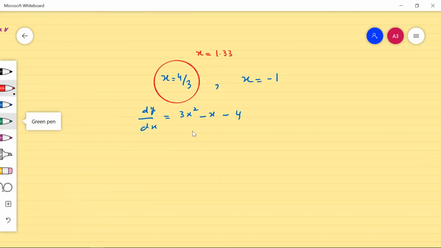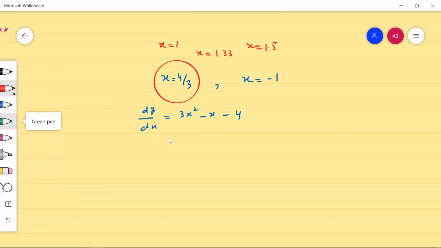Before this you can take x is equal to 1, and after this you can take x is equal to 2, or x is equal to 1.4 or 1.5. There is no need to take a large interval. I have said again and again, I would not recommend that. Take 1.5 only, because 1.5 is greater than this point. So we have to check the sign of the slope.